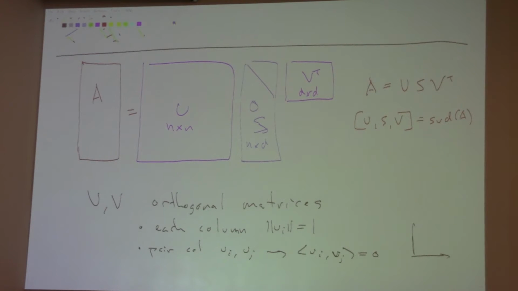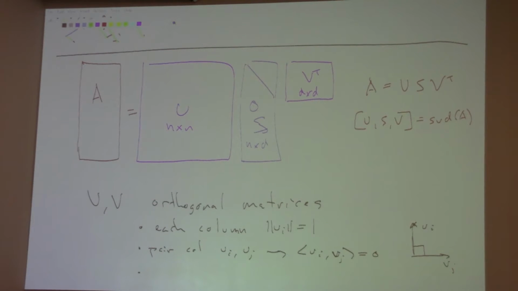They're going to have these right angles here. This is u_i, this is u_j. So just like the x-axis and the y-axis are orthogonal to each other, these are going to be orthogonal to each other, but they're usually not going to be exactly the same x and y axis. There's going to be a different set of axes that are a rotation of the original ones.